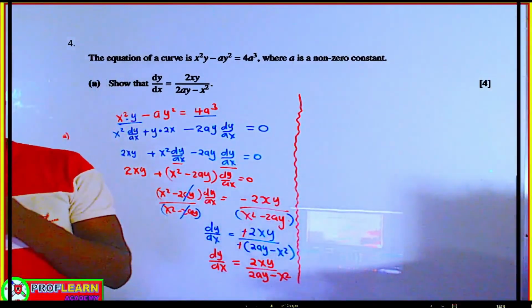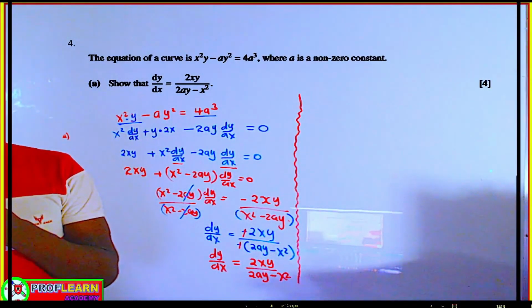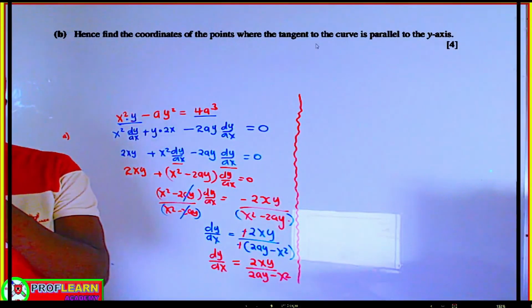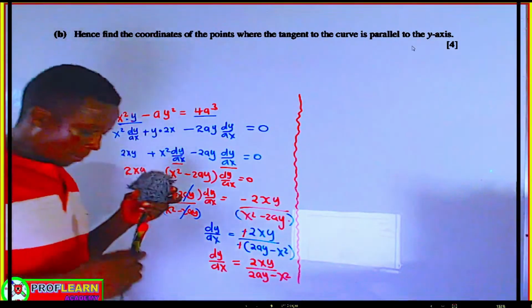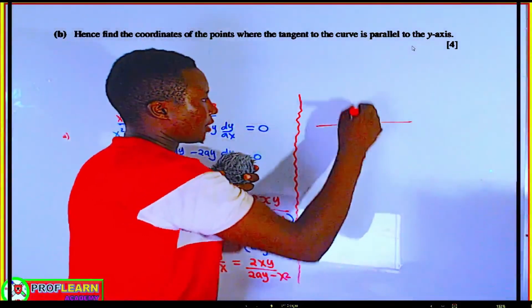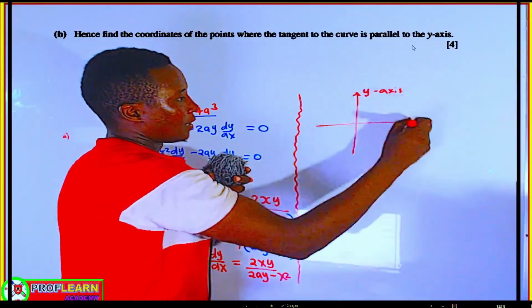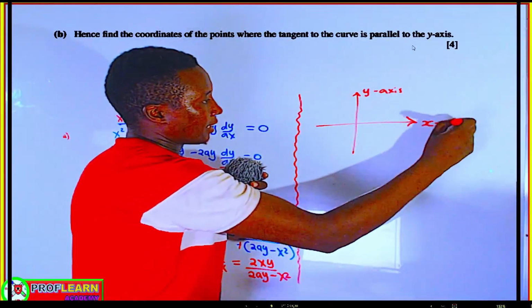Now, in the next part, hence find the coordinate of the point where the tangent of the curve is parallel to the y-axis. Now, if you have the two axes, this is the y-axis, and we have the x-axis.